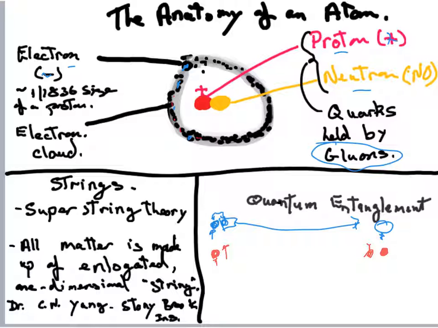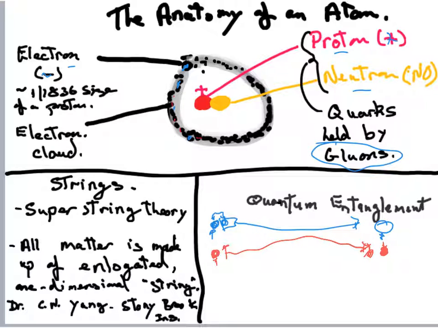Now, Einstein says that nothing travels faster than the speed of light. But it doesn't take the speed of light, it doesn't take that time to actually affect the particle over here. It happens instantaneously.